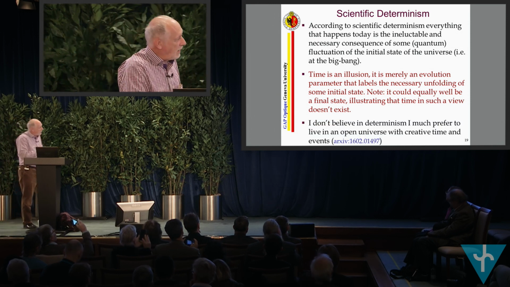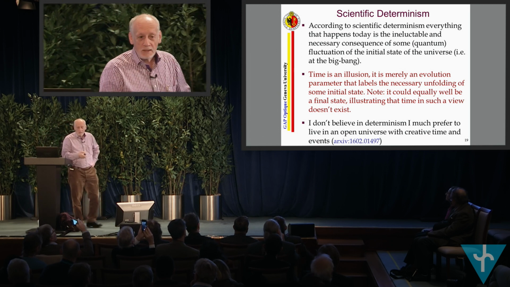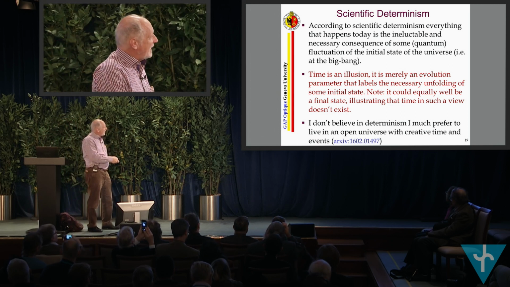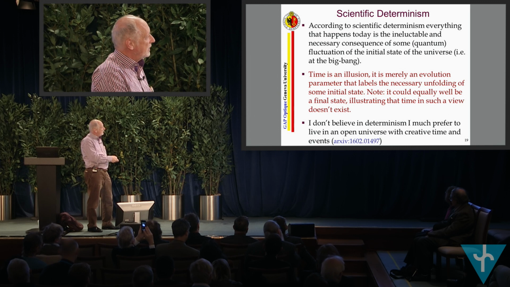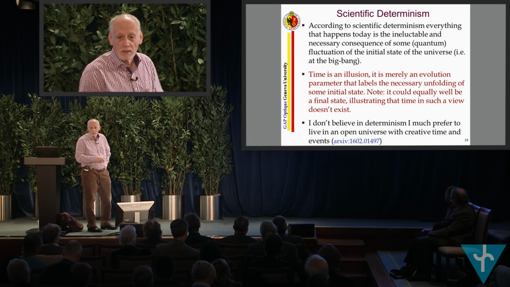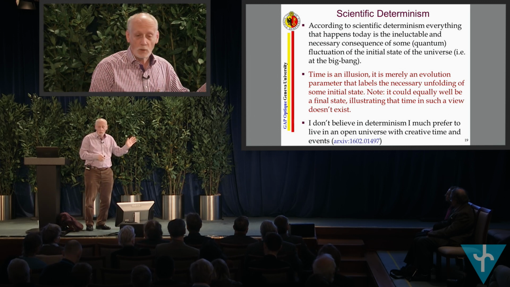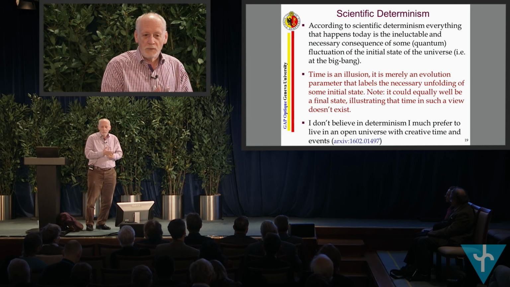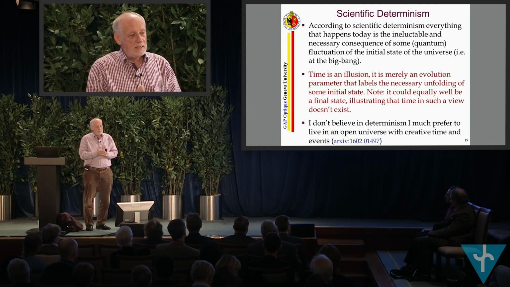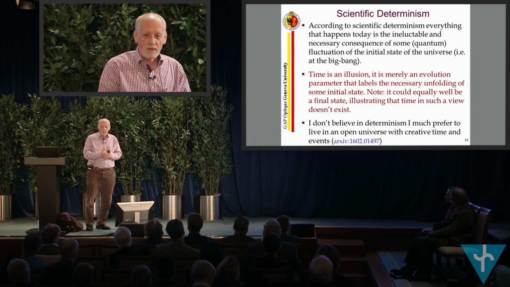And here is really where I probably diverge from, let's say, the Bohmians, in the sense that I don't believe at all in determinism. I also, by the way, will diverge completely from the many worlds. I just think determinism is a déformation professionnelle.